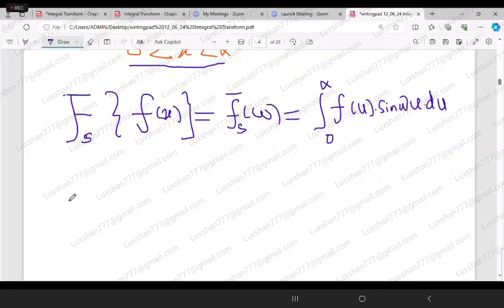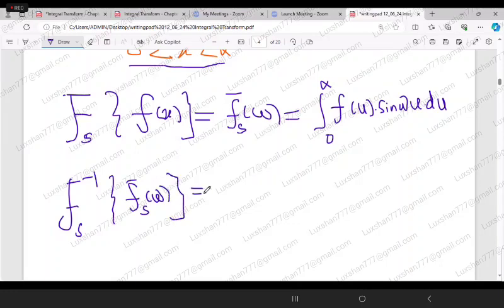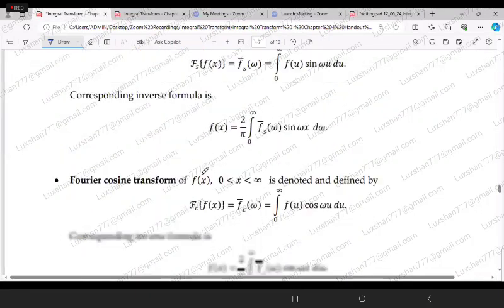So the inverse of this, the Fourier sine inverse transform, is f(x) equal to square root of 2 over pi, integral from 0 to infinity of f bar s of omega into sine omega x d omega.